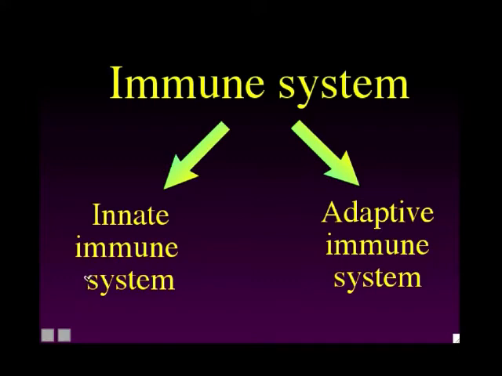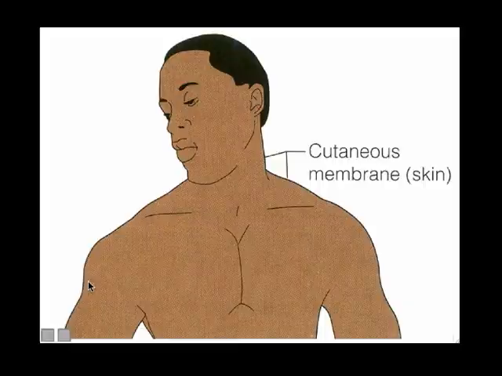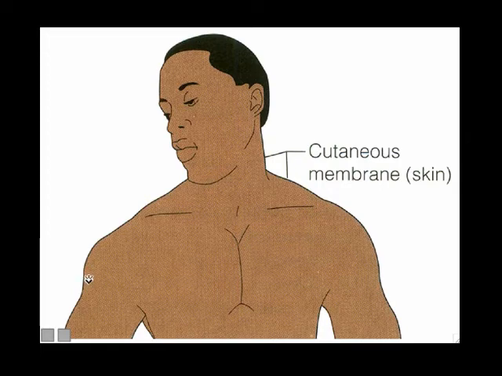Now, what I think is the very best example of an organ of your innate immune system is your skin. At first you might think, well, is my skin part of my immune system? Well, it is. It's a general defense against pathogens. And here's why. Remember that the environment around us is full of pathogens, the air, every surface that you touch.